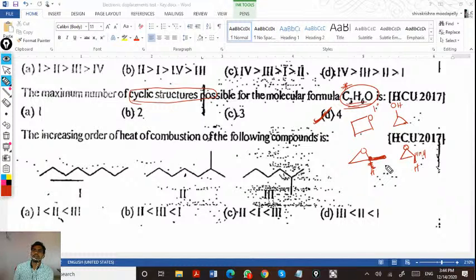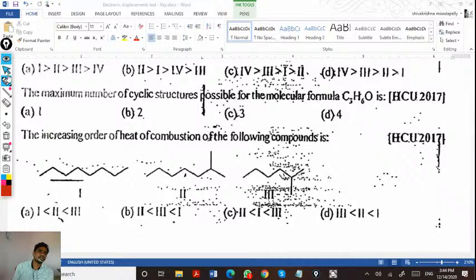This is the fourth one. So 1, 2, 3 and 4. It is a very tricky and very important question. So whenever you come across questions like this, try to think of the maximum possible isomers, otherwise your answer is going to be wrong. Okay, so maximum possibility. That's about the isomers.